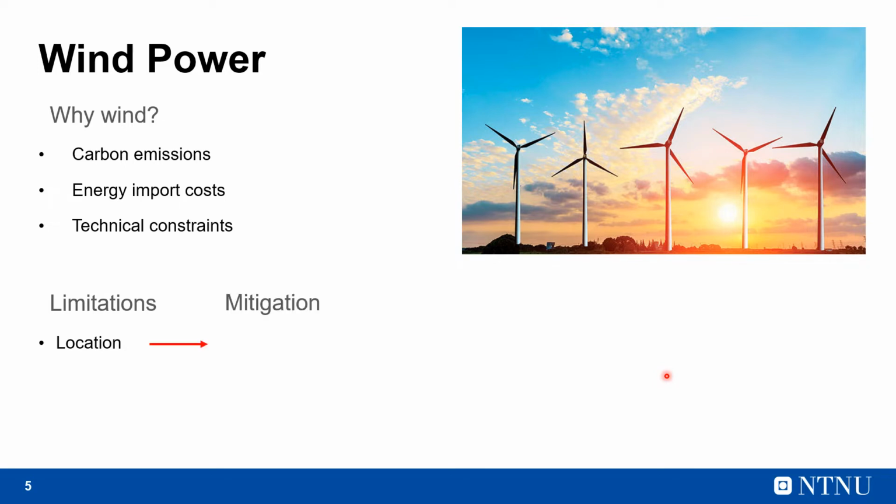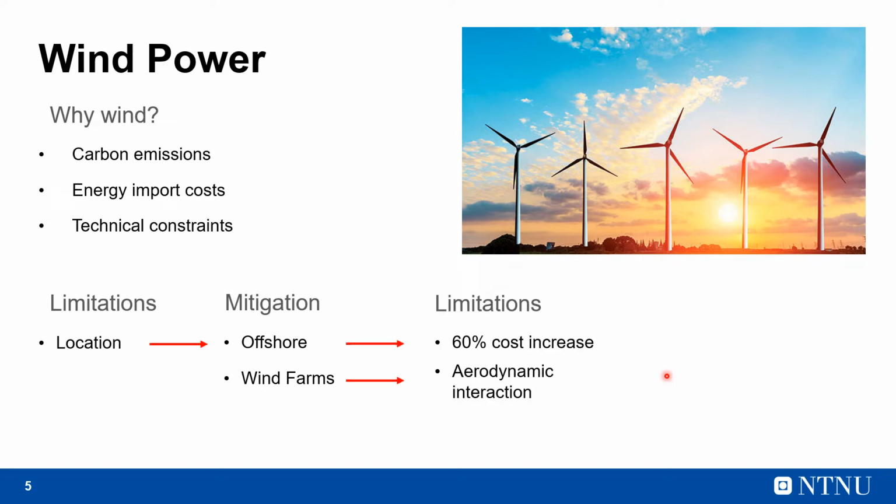You can also move the turbines or the whole wind farm offshore, but these measures have their own associated limitations. For example, when you move the wind farm offshore, there is a 60% increase in the cost of the power produced.